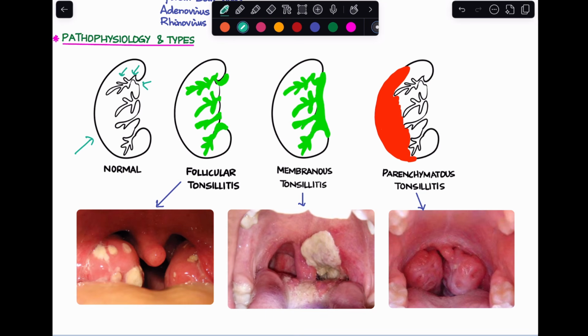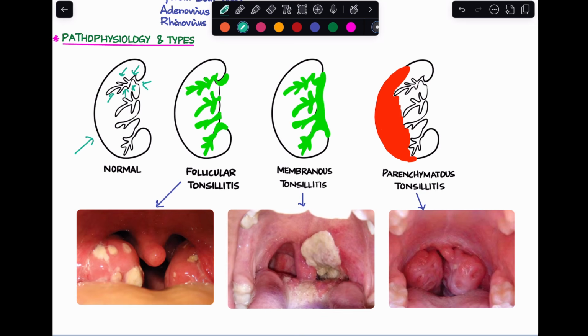Now, Waldeyer's ring is this protective lymphoid structure which we have in our upper aerodigestive tract, which is responsible for giving us immunity. Now these lymphoid follicles start getting converted to small abscesses, and these small abscesses start discharging in the crypts of the tonsil.